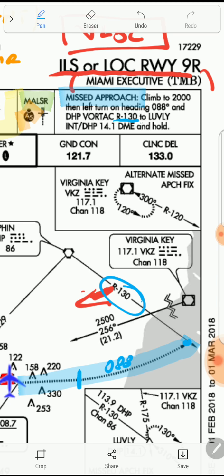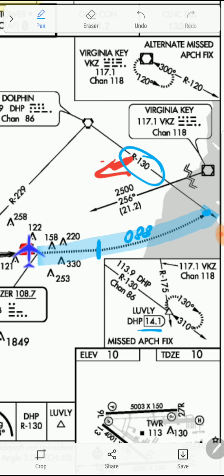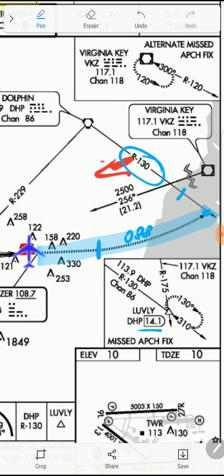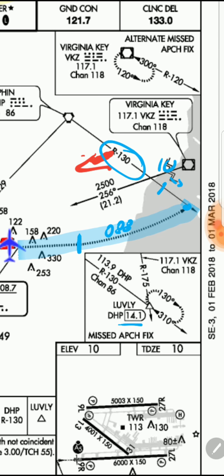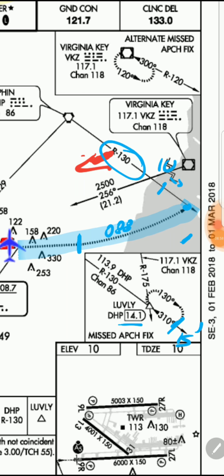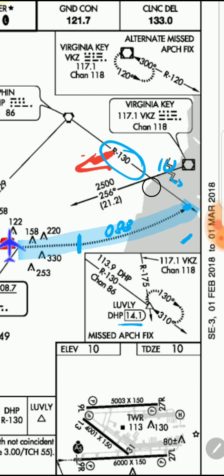You gotta fly that outbound because you gotta go to LOVELY, and LOVELY is actually at 14.1. So you gotta determine that because if you intersect this radial, let's say for example you didn't intersect the radial here because of winds and you're at 10 miles, obviously you gotta go outbound. But if you intersect this radial down here, and you are at 15 miles, obviously in this case you're going to be flying the radial inbound. So it's going to depend on how far you are from the station.